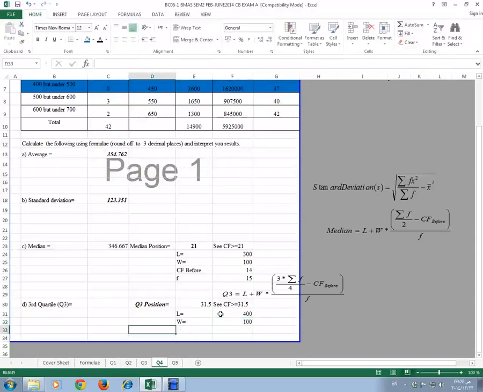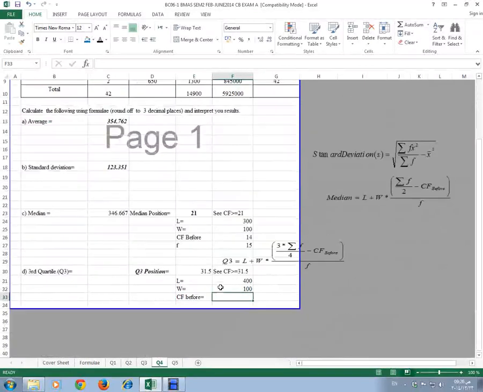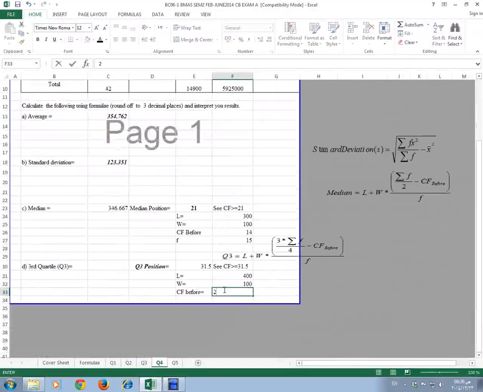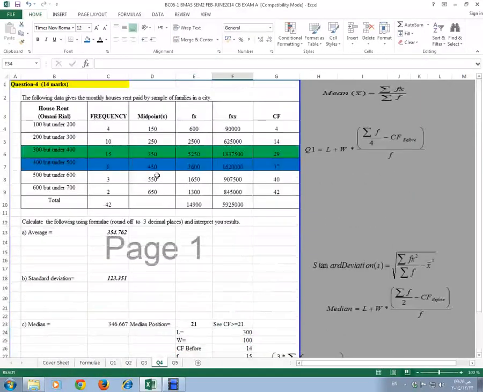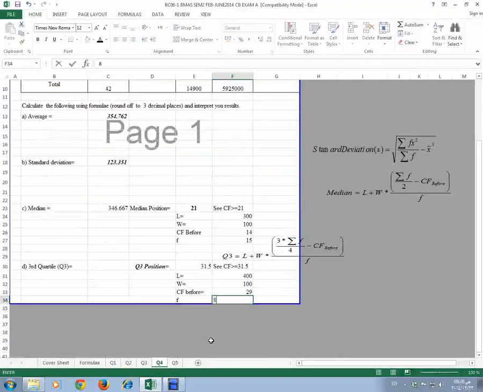And then CF before: according to this, we are here, before is 29, so CF before is 29. Then the last one is the frequency, and the frequency of this line is 8, so the frequency is 8.